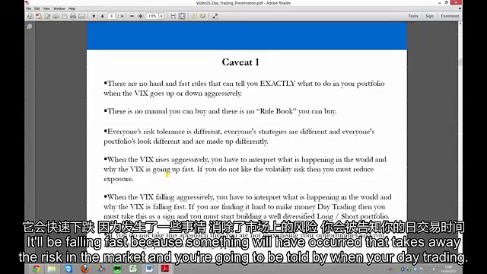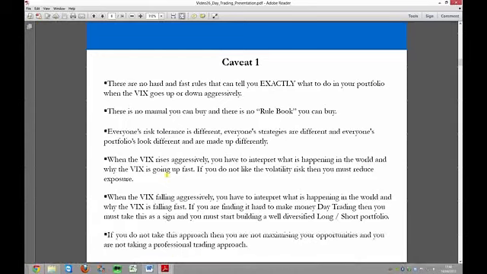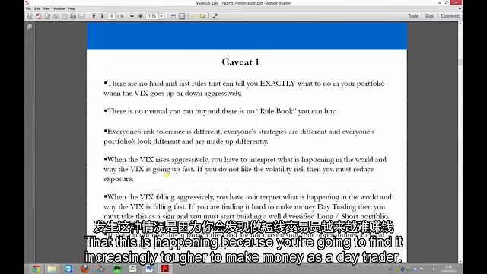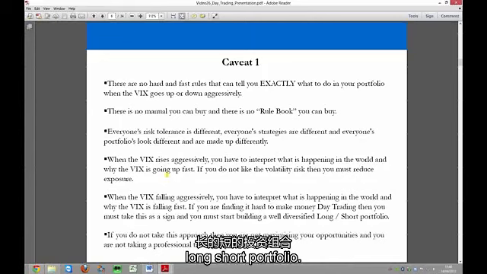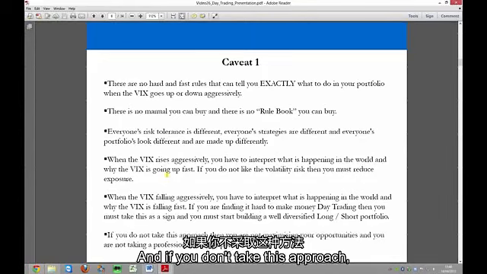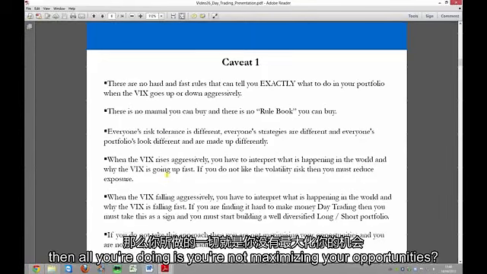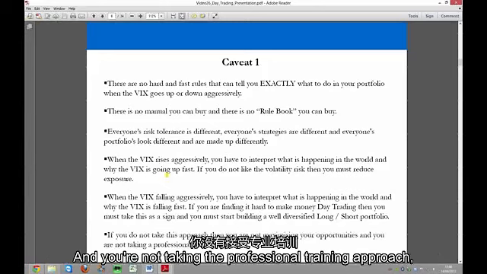And you're going to be told, if you are day trading at that time, that this is happening, because you're going to find it increasingly tougher to make money as a day trader. And that's when you should be taking this as a message and building a well-diversified long-short portfolio. And if you don't take this approach, then all you're doing is you're not maximizing your opportunities, and you're not taking the professional trading approach.